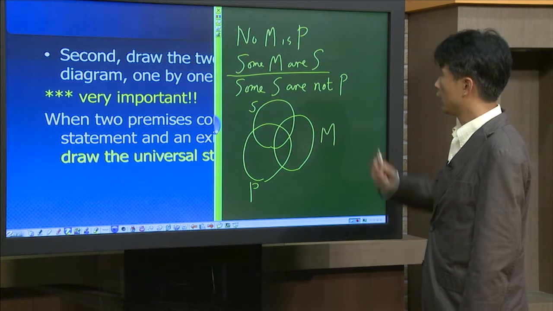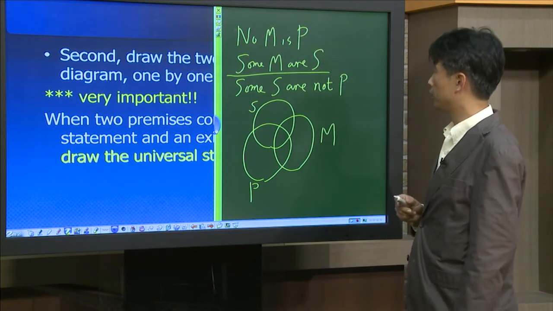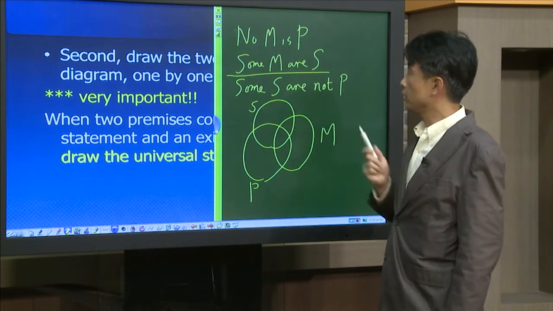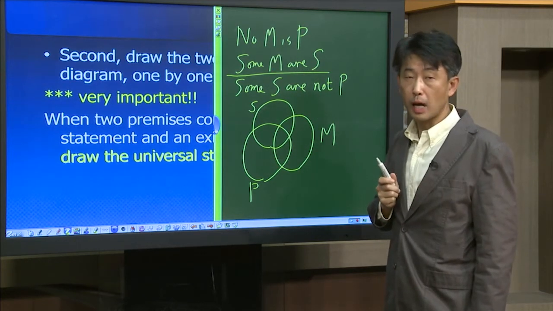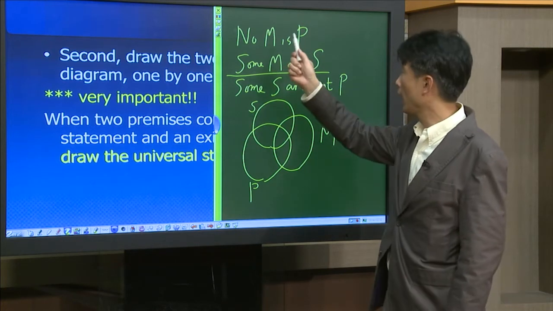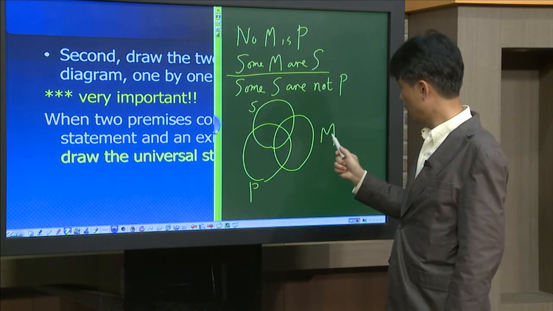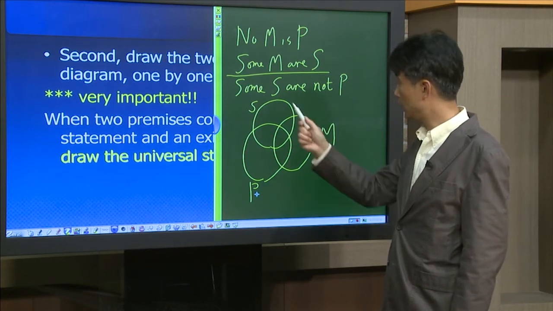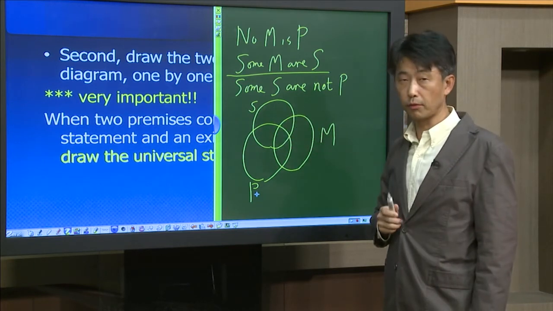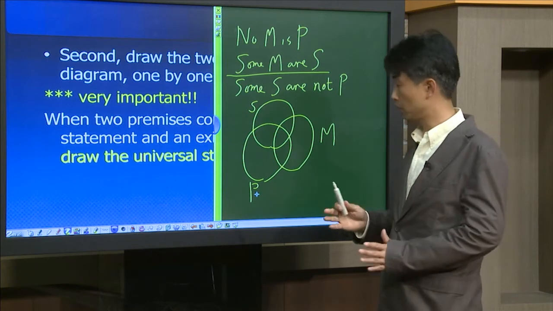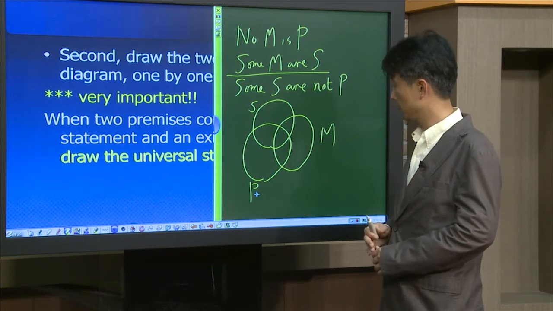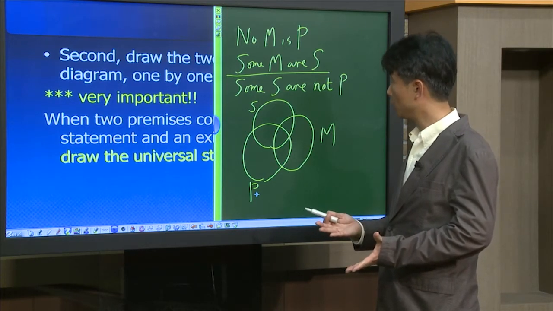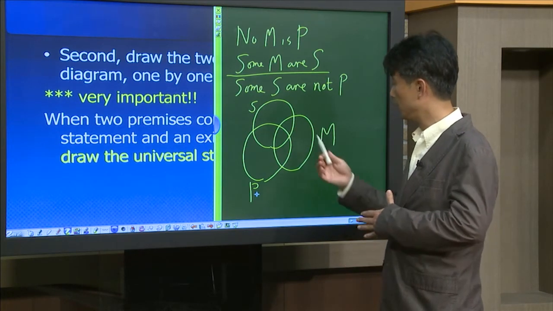Now, let's draw this first premise into the diagram. The first statement talks about a relationship between M and P. So you ignore the S circle for a while. Just focus on M and P. So how do we draw No M is P in the diagram?